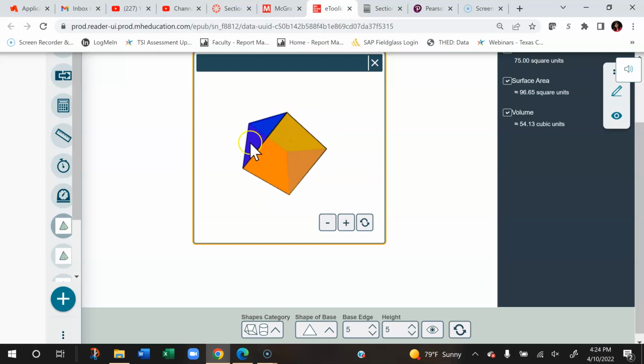So this would be what we would consider a polyhedron because it is made up of polygonal sides, these things with the straight edges here. Now it has different shapes on each side. This blue side right here would be considered a face. It's a triangle face.